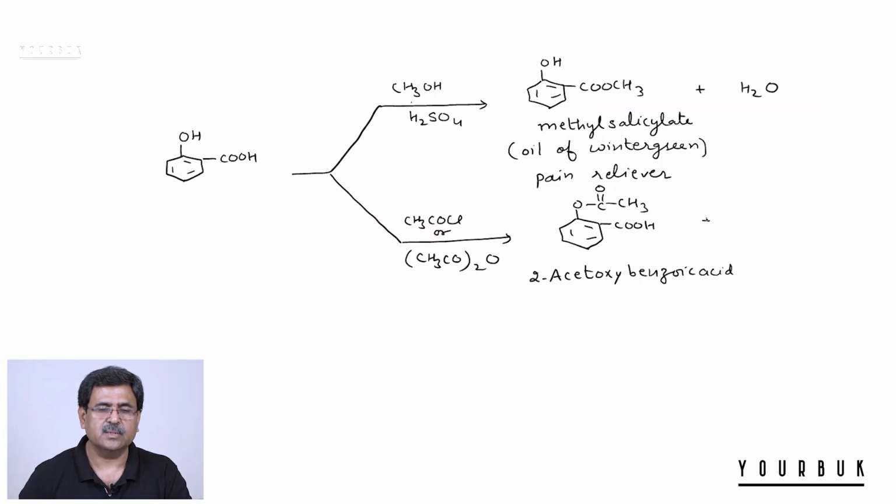The side product in this case is either hydrochloric acid if we are using acetyl chloride, or acetic acid if we are using acetic anhydride for acetylation. And this 2-acetoxybenzoic acid has a commercial name called aspirin.